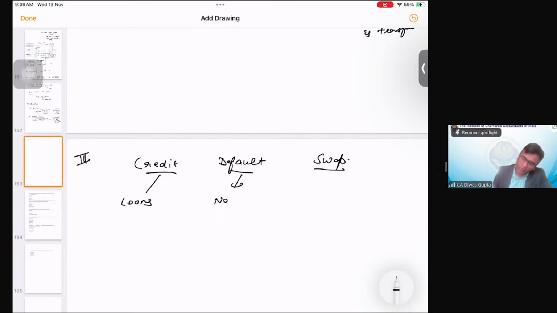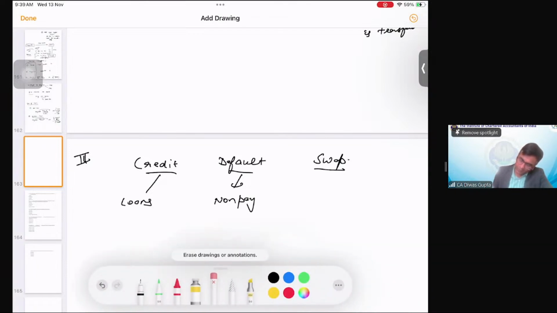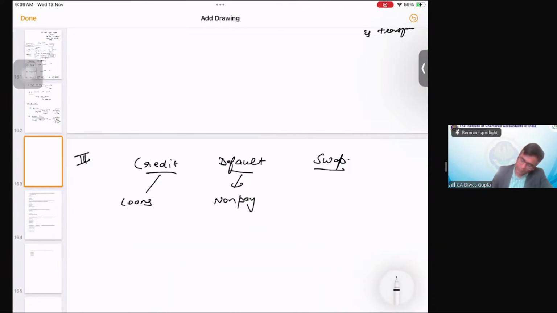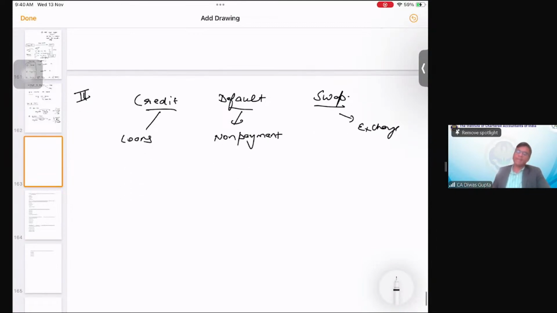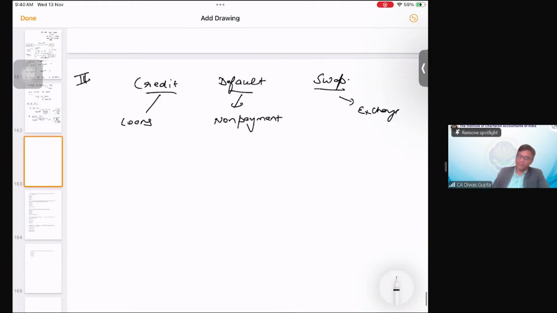Default means non-payment of such loans. And swap means exchange. So here what you do, you exchange or you swap your credit default risk with someone.